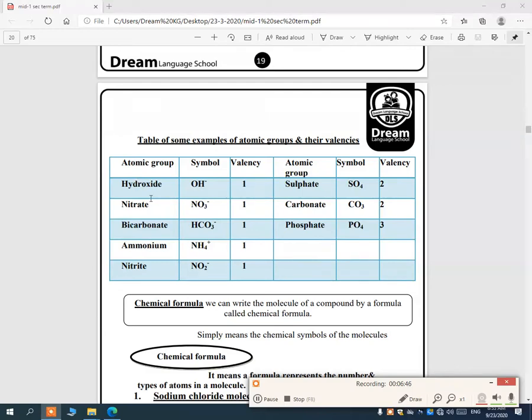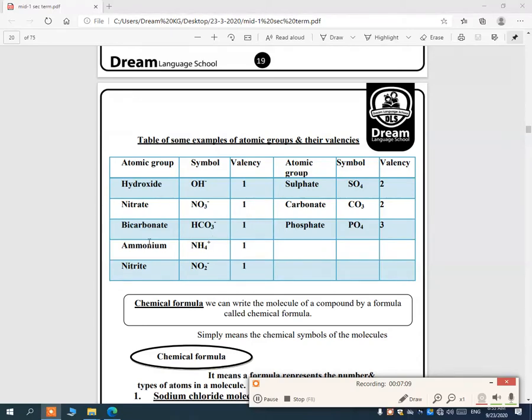First, we have the atomic group called hydroxide, and its symbol is OH with a negative charge, and its valency equals the number of the charge, so the valency equals 1. Next we have nitrate. Its symbol is NO3 and it carries 1 negative charge, so its valency equals 1.